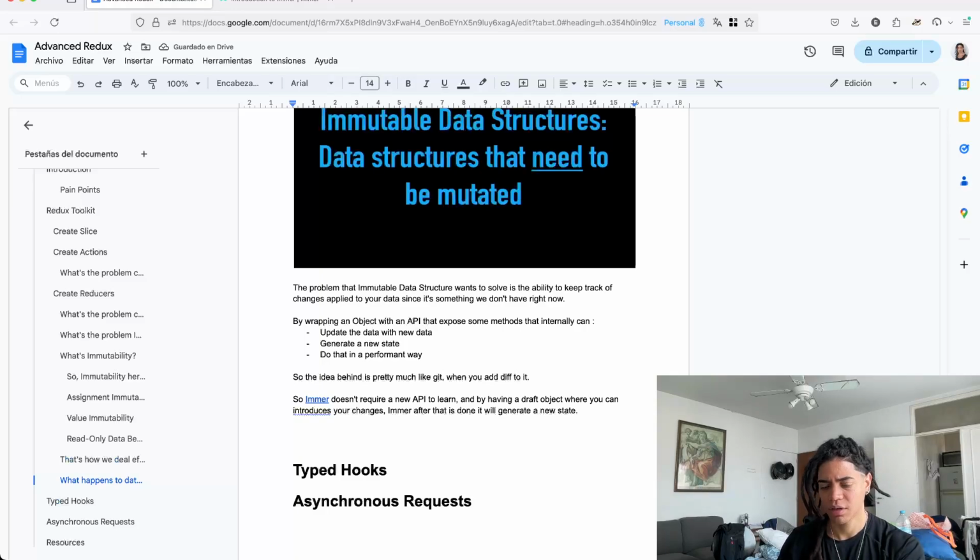That's interesting. Using the Proxy built-in object in JavaScript. That's very interesting.